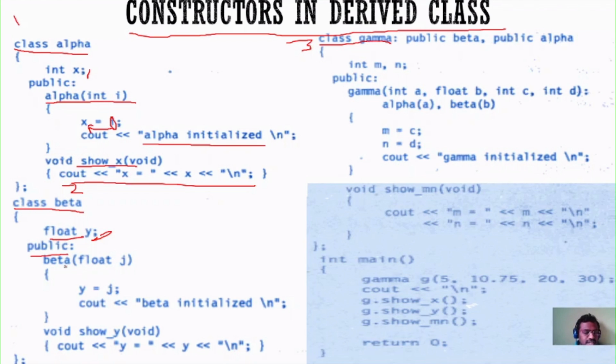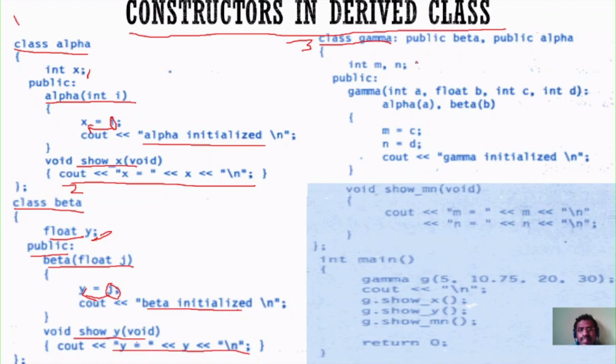In the public section, by using the constructor beta float j, the value of j is assigned to y here. Now we display a statement, beta is initialized, and another member function called show y. We are just displaying the content of y to the user. That is all about alpha and beta.